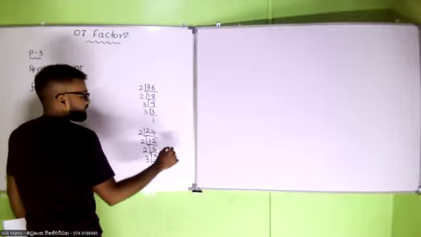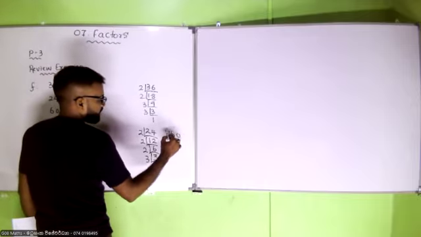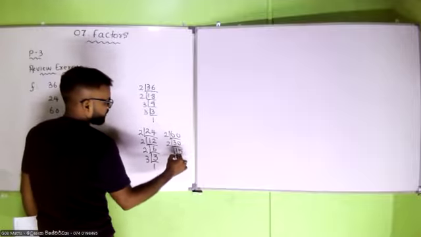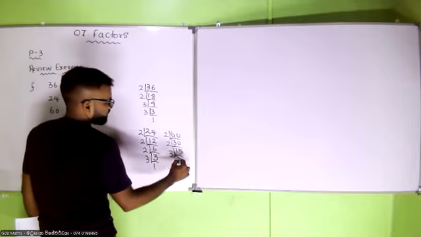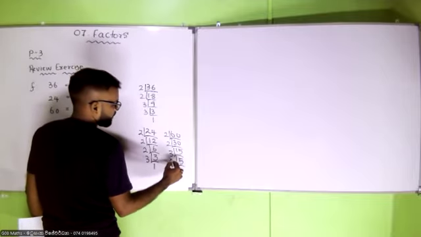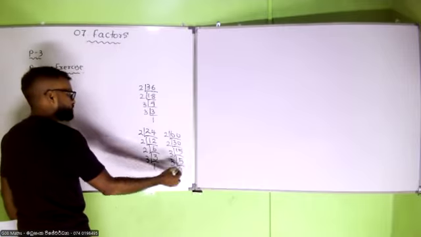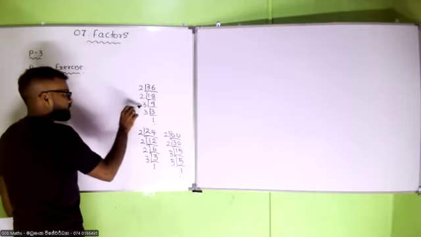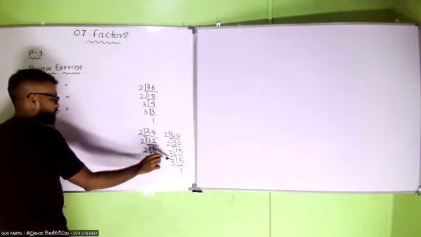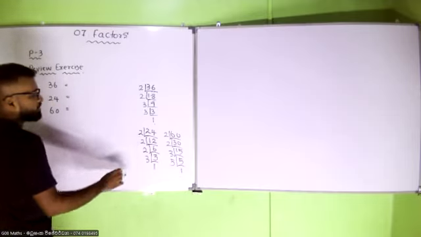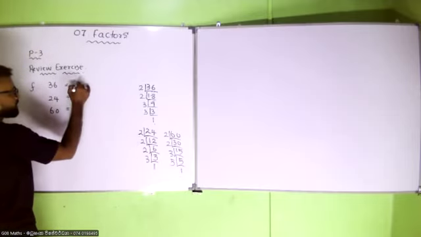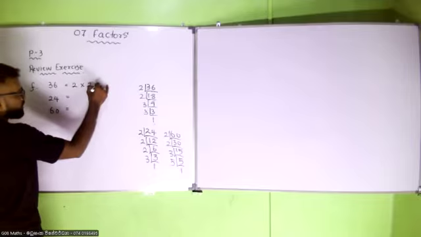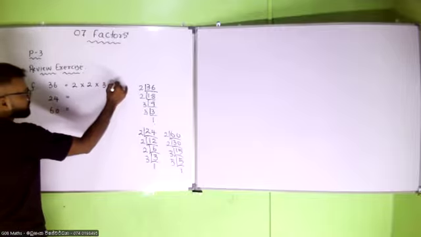And then you have 60: 2 times 30, 2 times 15, 3 times 5, 5 times 1. Until the quotient becomes 1, you have to divide by using the prime factors as your divisor. So 36 can be represented as 2 times 2 times 3 times 3.